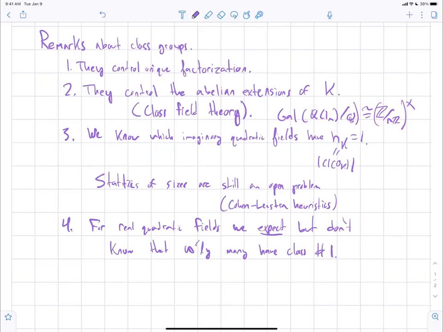Of course, real quadratic just means you're taking the square root of a positive real number, and imaginary quadratic means you're taking the square root of a negative real number. So for real quadratic fields, we don't know whether there are infinitely many with class number 1. It looks like there should be. You keep on computing them, you keep on finding them, but we don't know.